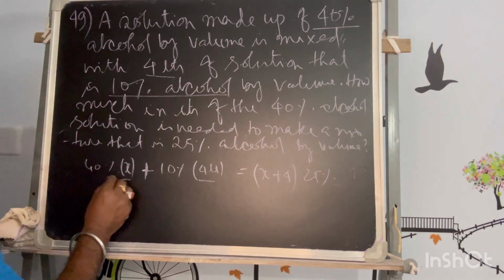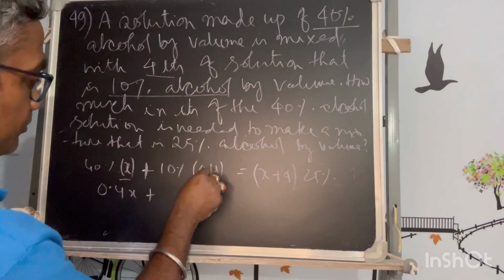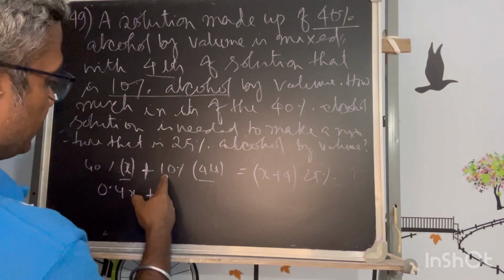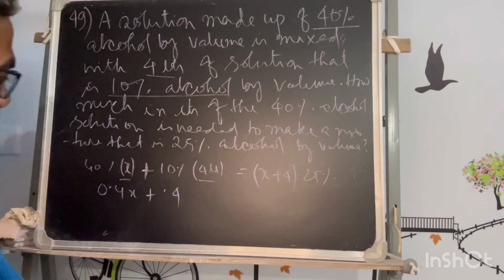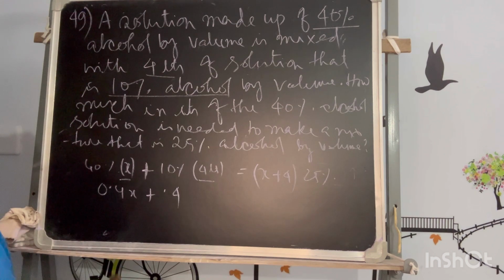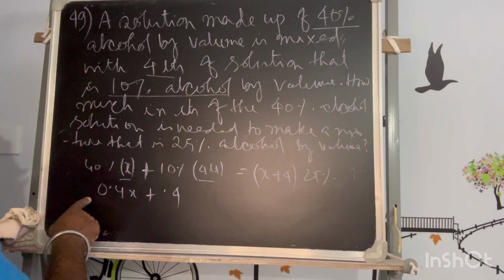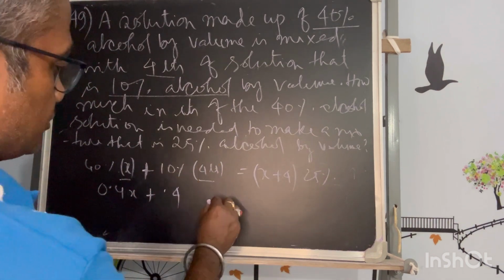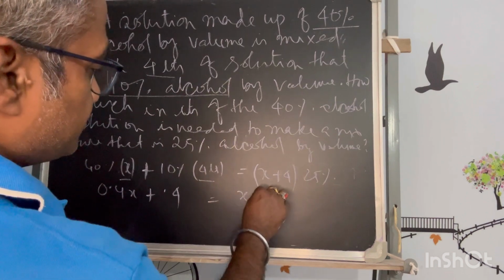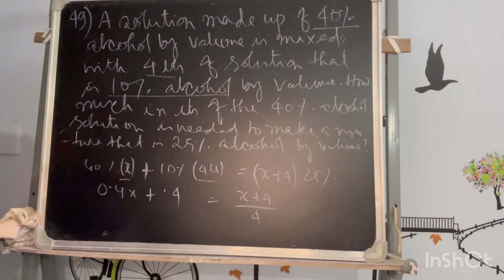This 40% of X means 0.4x, plus 10% of 4, which is 1 by 10 into 4, is equal to 25% of X plus 4. That would be the equation.